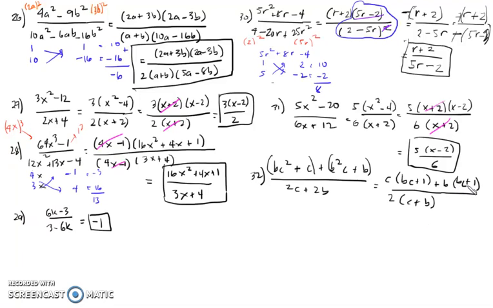Sorry, bc. Then factor out bc plus 1. That gives us the remaining terms, that is c plus b all over 2 times c plus b. We can cancel out c plus b. So the final answer would be bc plus 1 all over 2.